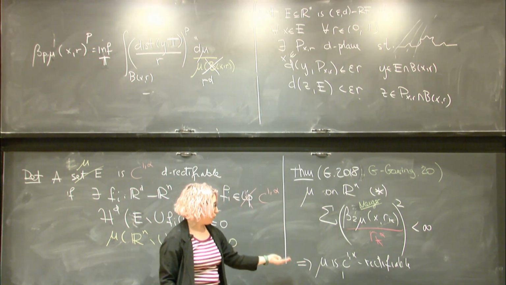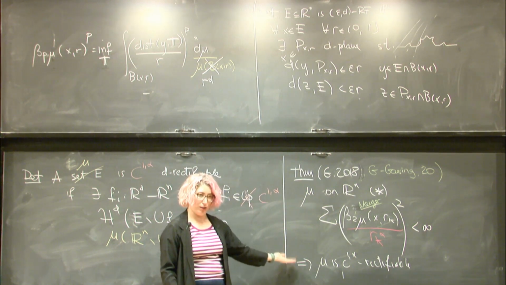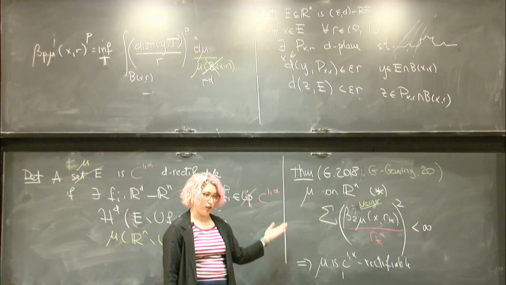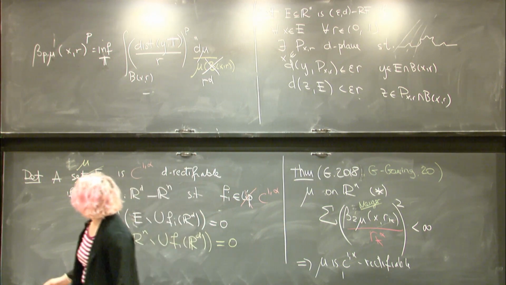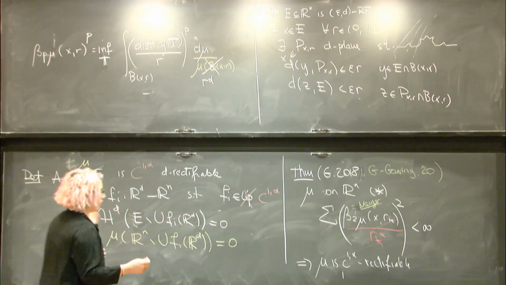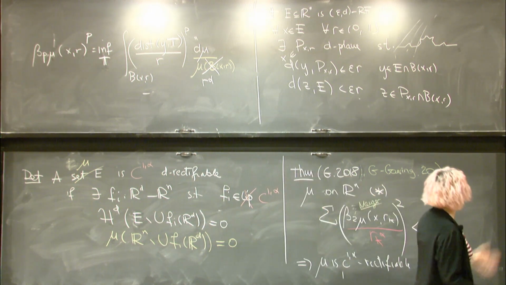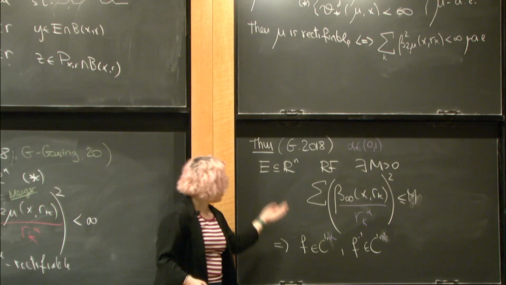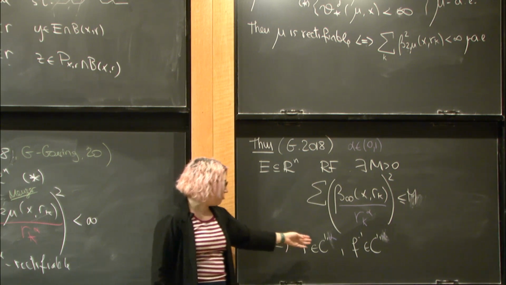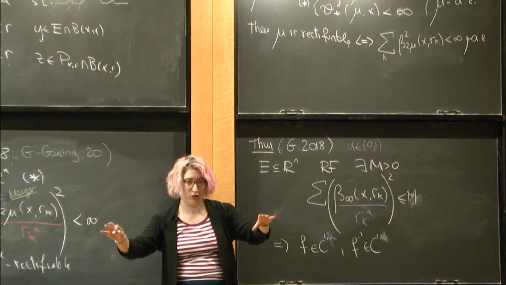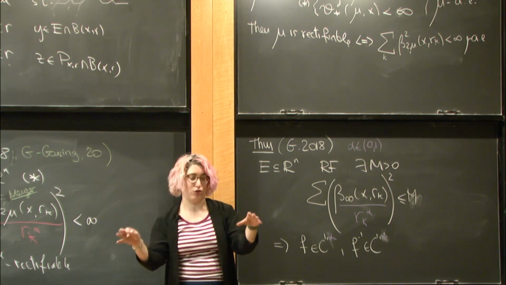Now, one question which I really wanted to understand was, what about the converse? Is this only a sufficient condition? Let's look at this in the parameterization case. Things which are smooth don't really need Reifenberg flatness, which is a very strong flatness condition. It means you're flat at every scale.